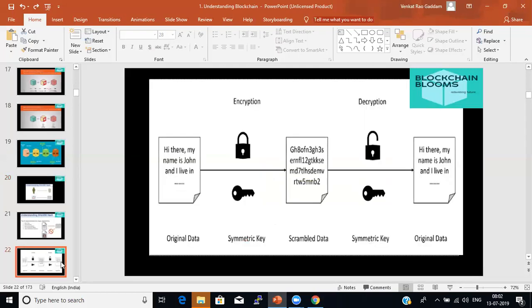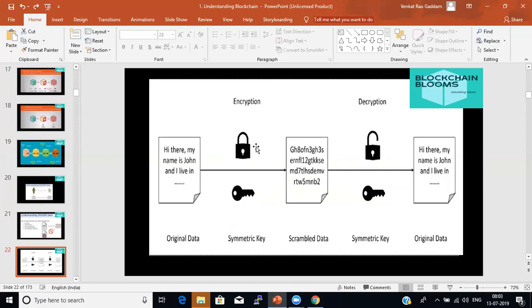And also we have encryption and decryption mechanisms. Whenever you pass any data in a secured way from one node to another node in the network, we need to use this encryption algorithm with the help of private keys. Maybe in session number 5 or 6, we are going to deal with encryption and decryption more in depth.